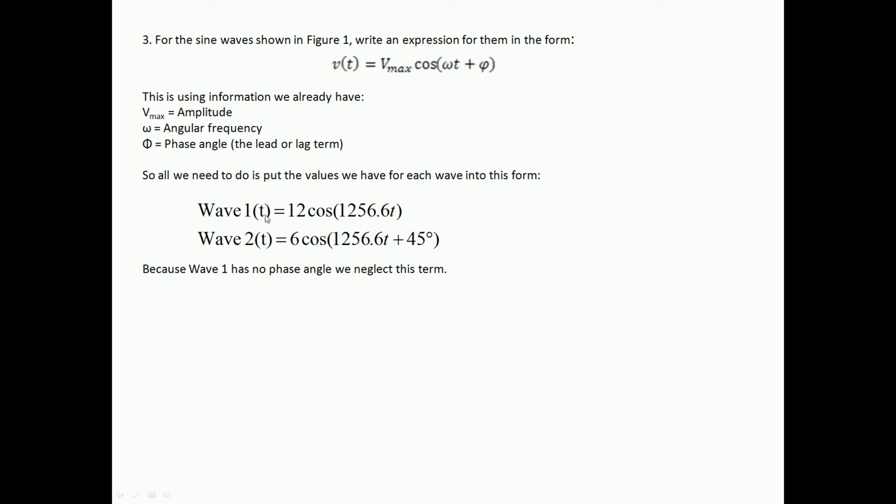So wave 1 of t, we knew that the amplitude was 12, so I've just put that in. And now we need to compare it to a cosine. And I've also put in the value of omega, which was 1256.6. The t is still there. What you need to do now is we're going to look at what it is compared to the pure cosine to work out the phase difference.